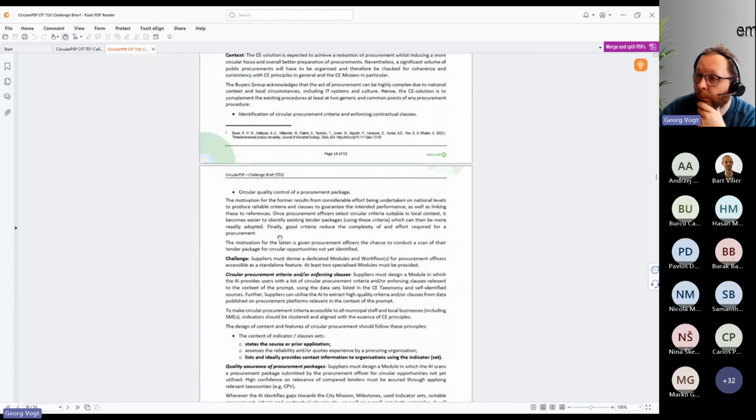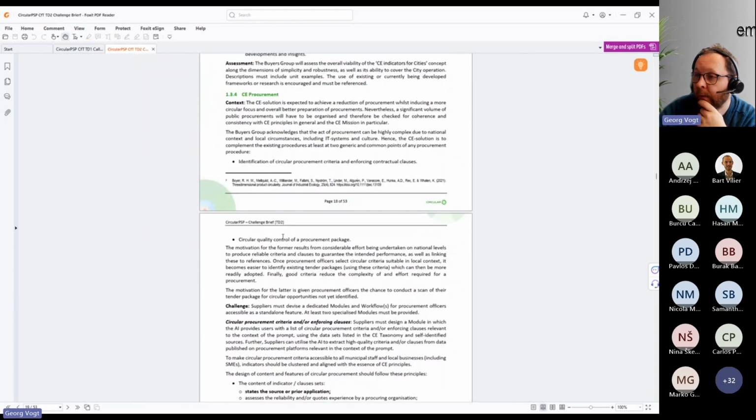Those who have been present in the OMCs might remember that we said we do not care so much about procurement, but we realized that given what AI is capable of, and AI has shown to be capable of over the past 10 to 12 months, it should be possible that a procurement department feeds a document set into the AI, and the AI tells you back that there are weaknesses or it is not compliant with a city mission or something like that.